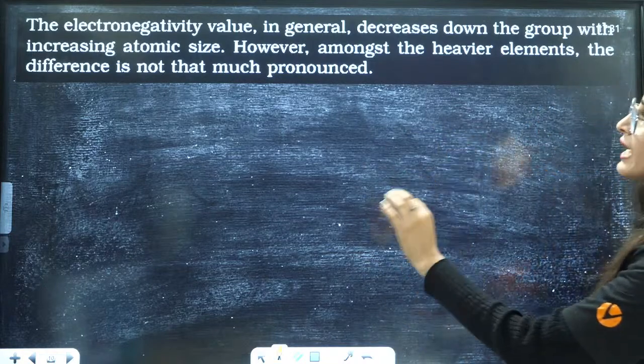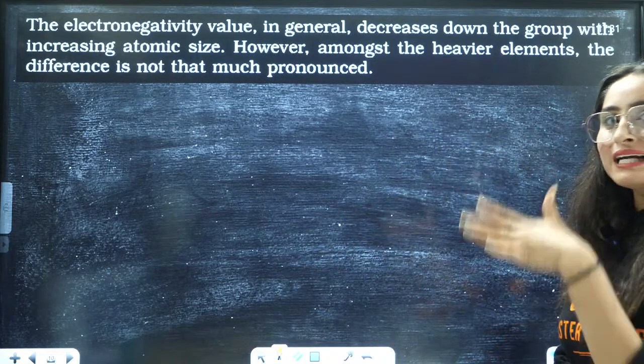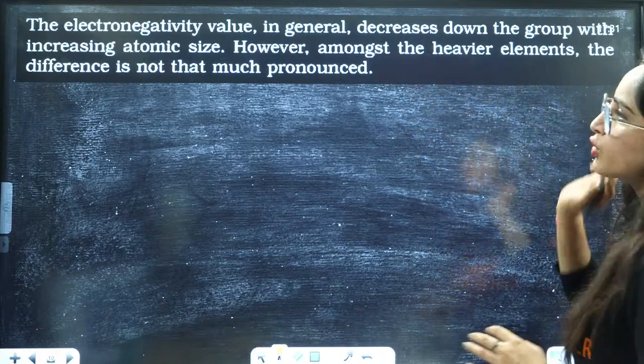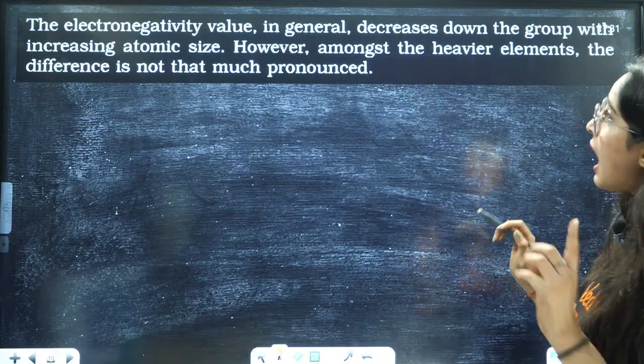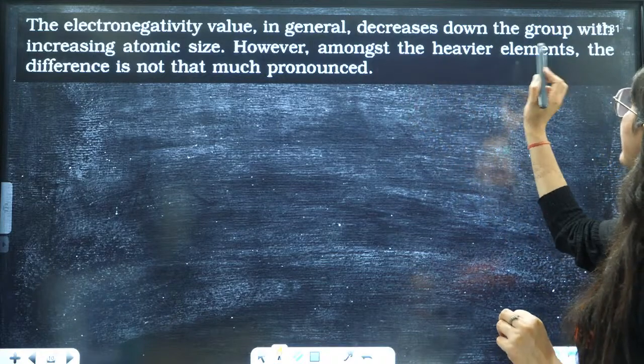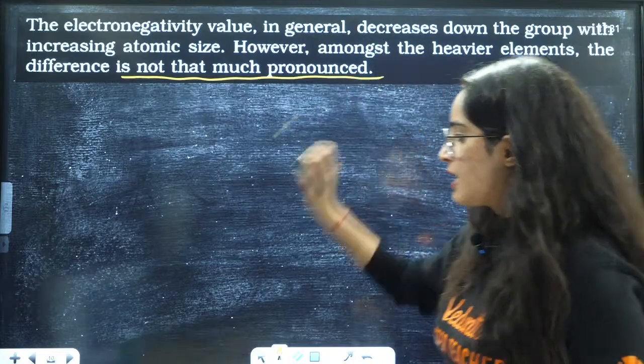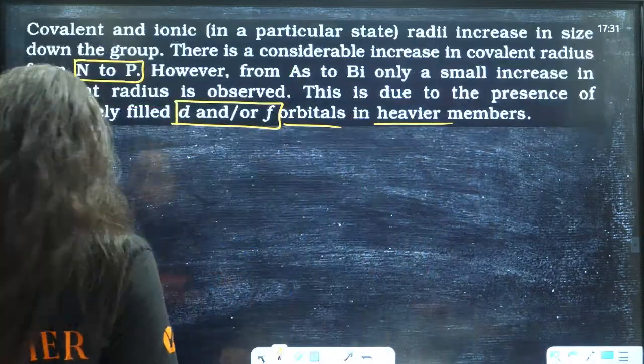The electronegativity value, as we know, in general decreases down the group with increasing atomic size. However, amongst the heavier elements, the difference is not that pronounced, right? That is why I was telling you to focus on the table here.